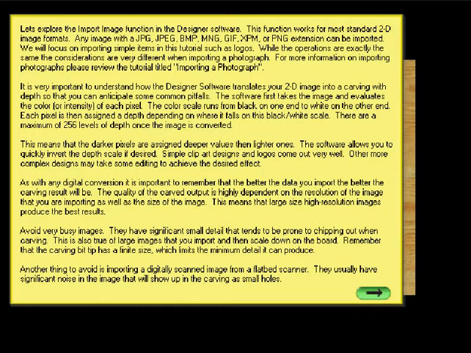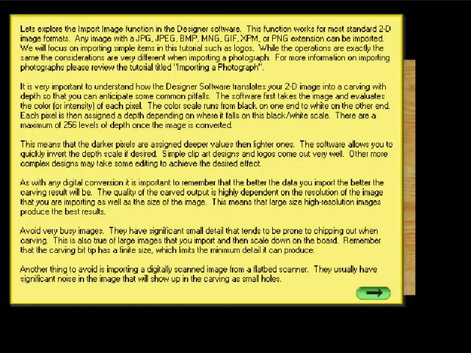The software first takes the image and evaluates the color or intensity of each pixel. The color scale runs from black on one end to white on the other end. Each pixel is then assigned a depth depending on where it falls on the black and white scale. There are a maximum of 256 levels of depth once the image is converted.